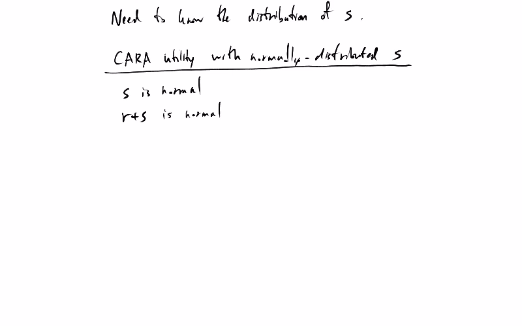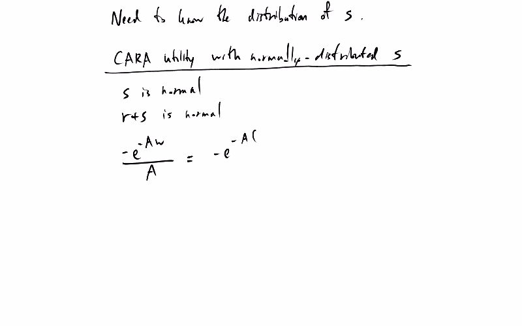Now you have this utility function: negative E to the negative A times wealth, over A. That's the utility function. Now, what is wealth?